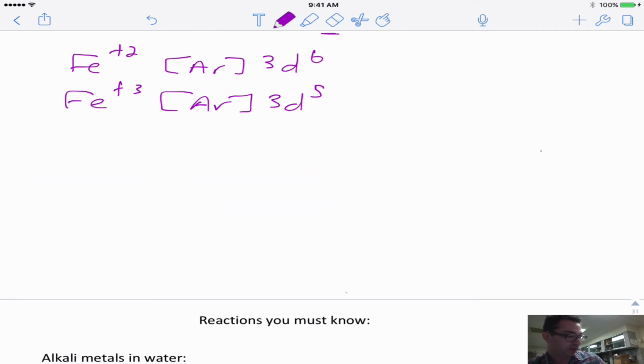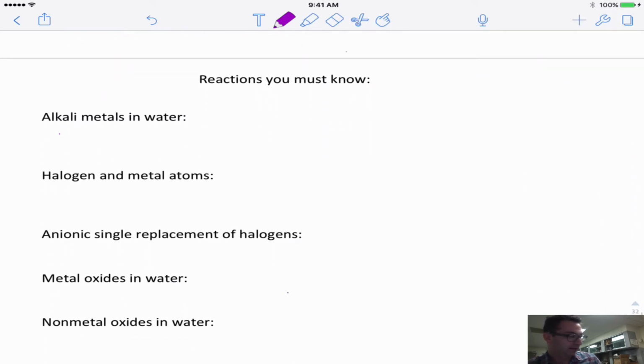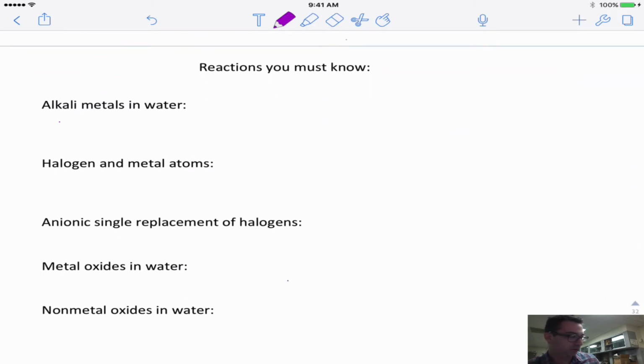If you want, you can try one for this, like you could do something like manganese, manganese+2, manganese+3, and manganese+7, and you could try those out and see how that goes. Okay, the reactions is what I want to finish with quickly here.